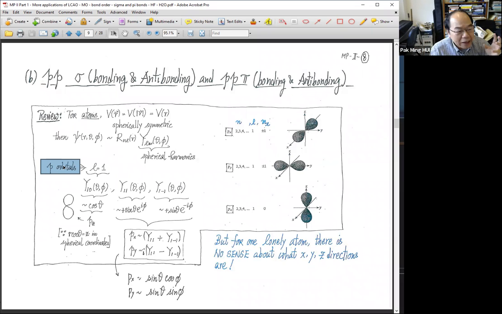Well, all directions look the same if it is a lonely atom in the universe. But we are talking about molecules. Once you have a neighboring atom coming in, there is a special direction. And that direction, whatever you call it, is special. Therefore, you may call it X, then a stronger bond will be formed along this axis, and the rest you will have pi bonds, and that will be PP pi. So that is the big picture.